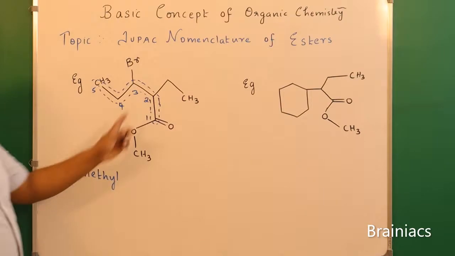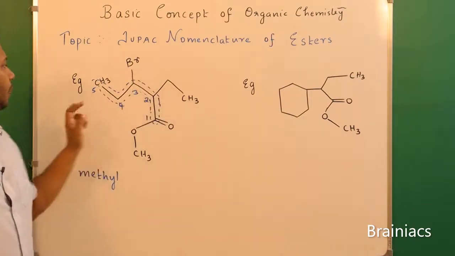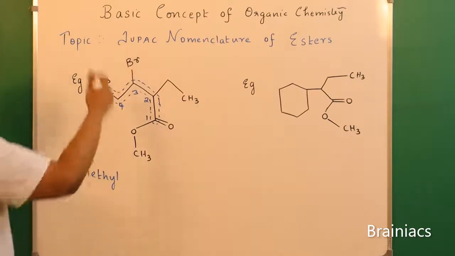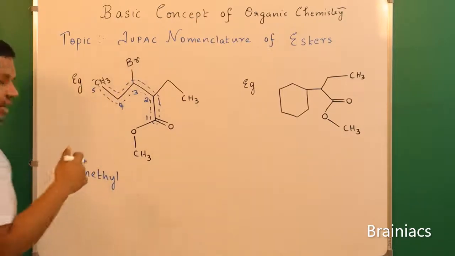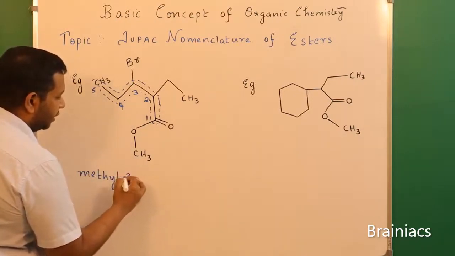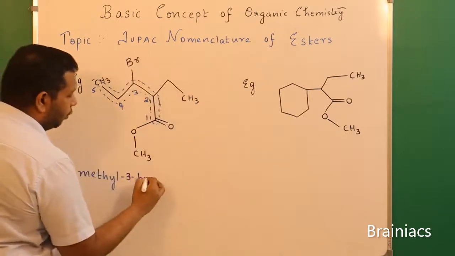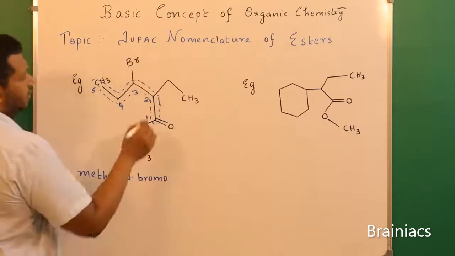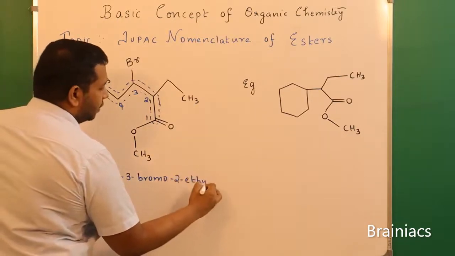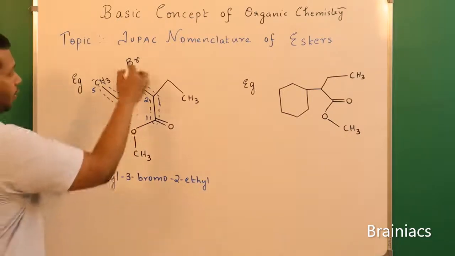Now tell me where the 2 degree prefixes are located. At position 2 there is an ethyl group, and at position 3 there is a bromo group. So who will come first? Bromo first, alphabetically. So I can say methyl, then 3-bromo, 2-ethyl.